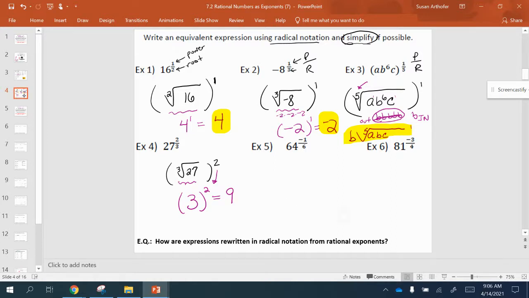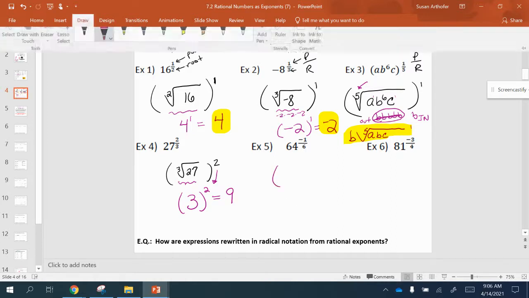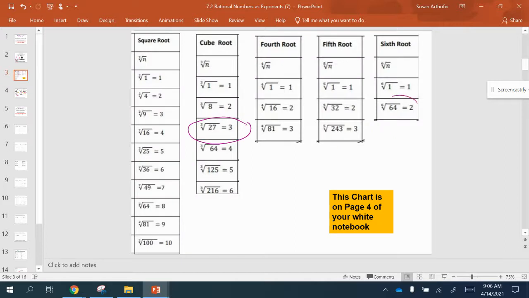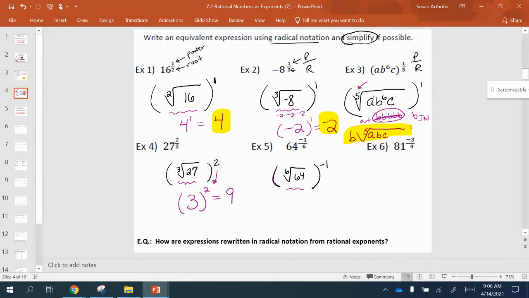Okay, the next one. Draw your parentheses. Let me switch pens here. Put your radical in. 64. Power over root. Negative 1, 6th root. Now we do the inside of the parentheses. 6th root of 64 is on your chart right here. 6th root of 64 is 2.